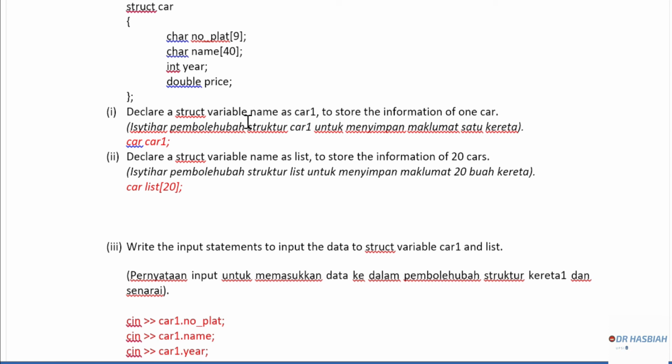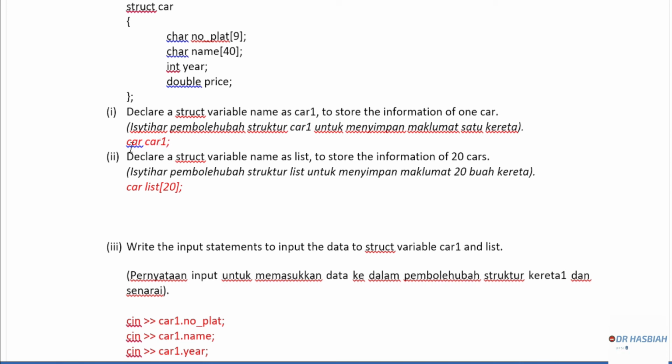What is the name of that struct? Car1. We want to store the information into car1. So how are we going to write the statement in order to answer this question? You can put car1 here, meaning the new struct variable now is car1.